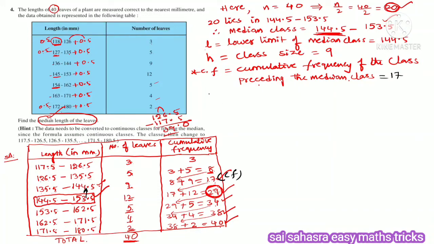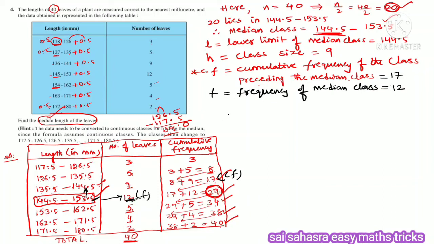Next we have to write F for frequency. Frequency of what? Frequency of the median class. So this is the median class, straight towards the frequency. This F value is 12.